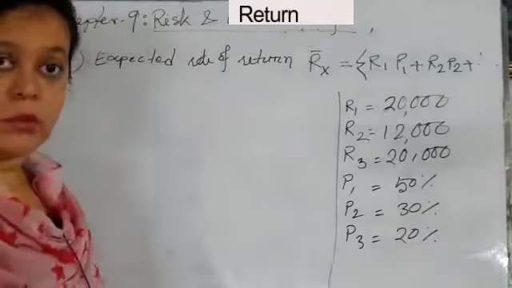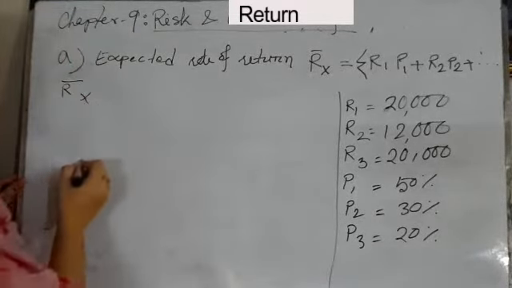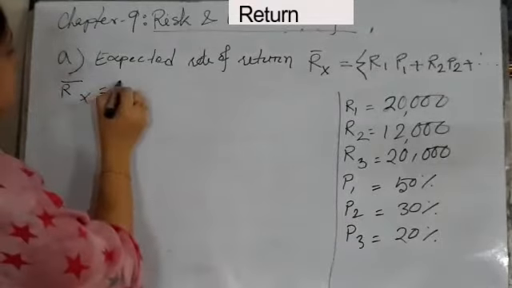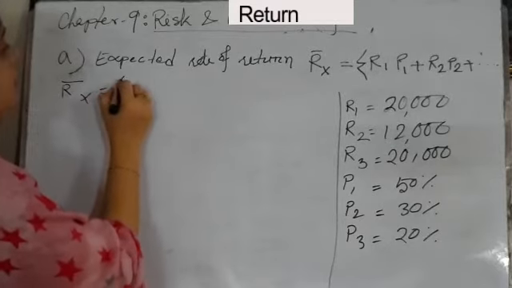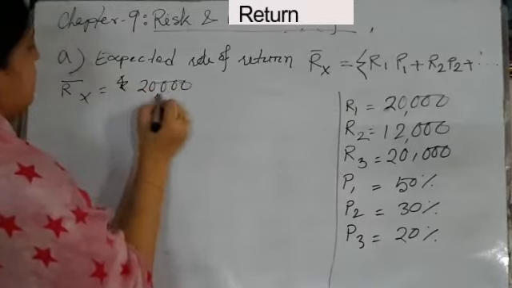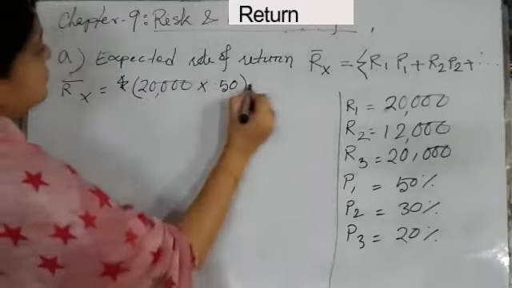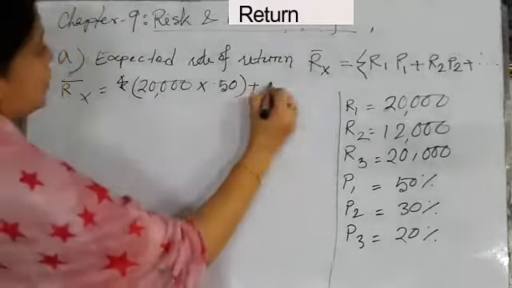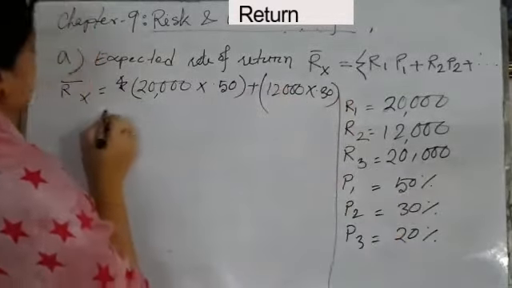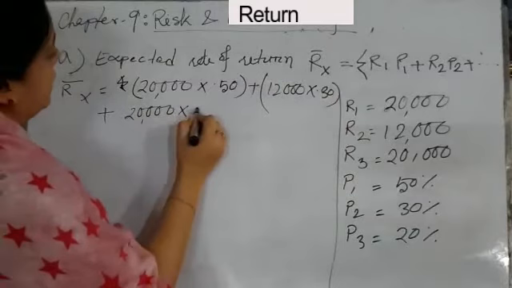Now I am putting all the values in the formula. R bar X, the expected rate of return of project X, is the summation. So the first one is 20,000 multiply 0.50 plus 12,000 multiply 0.30 plus 20,000 again multiply 0.20.